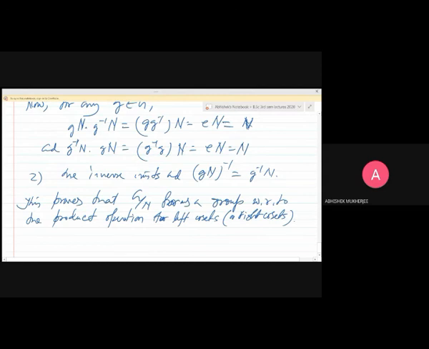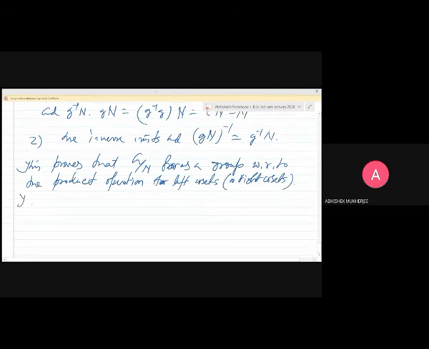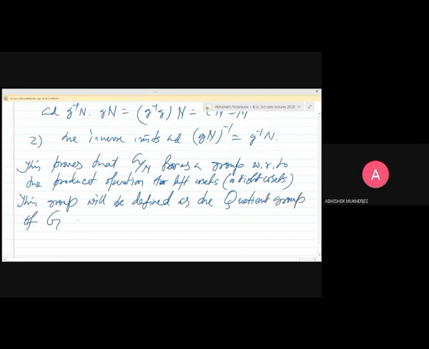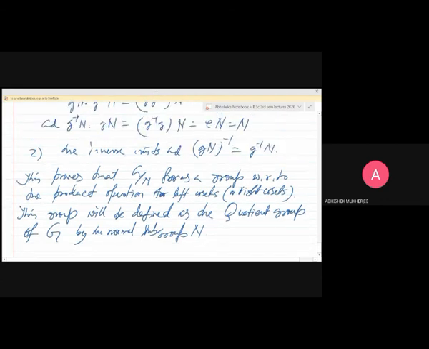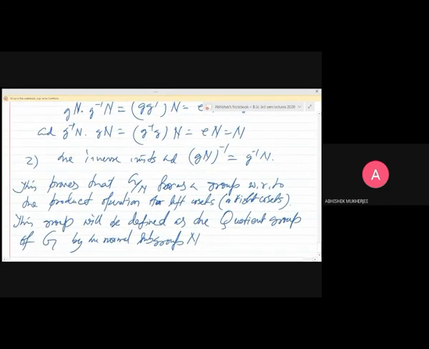And this group will be defined as the quotient group of G by the normal subgroup N. Okay, fine. So this one I would like to stop here.